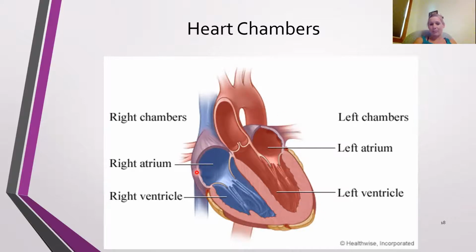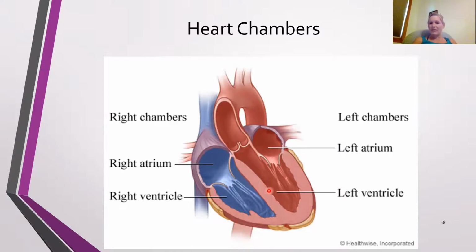Okay. So again, the atria lie superior. So there are these upper chambers, and then the ventricles are going to be inferior, and those lie here. Okay. And we can also take a look at the difference between the left and right sides. Notice that the left side, the wall is slightly thicker.